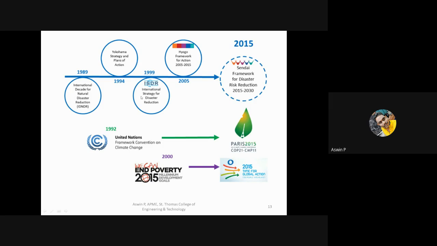These are the areas we have focused on. And in 1992 we had the United Nations Convention on Climate Change, and in 2015 in Paris also, we planned what is to be done during climate change. We are altering our requirements according to these meetings. We are getting good suggestions from these meetings. So these are the important areas.